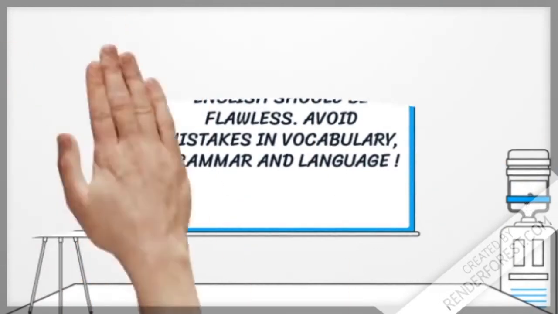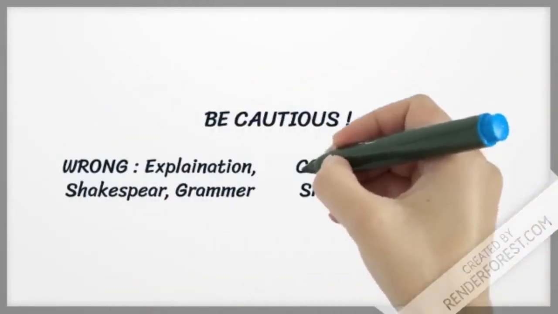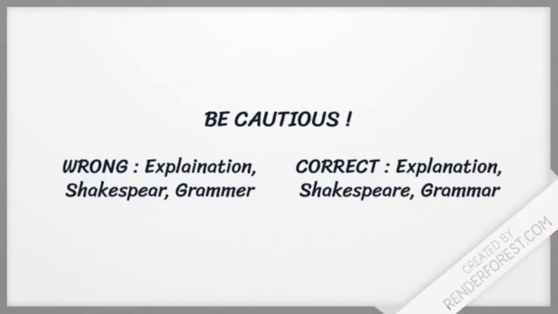For example, students often write the spelling of explanation as explaination in bold and underlined font. As soon as the examiner glances at that spelling, your labour to prepare that text in detail goes in vain. Such silly mistakes will undermine your skills and create a bad impression.